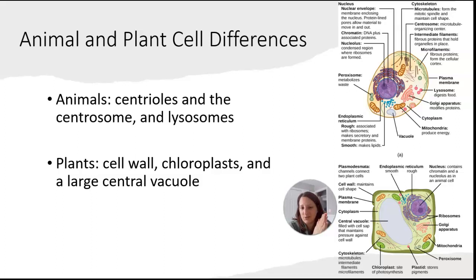And again, I'm going to introduce you to them, and then when we talk about the endomembrane system, we'll talk about them once again. In plants will have a cell wall. Animal cells don't have that structure. Plants also have chloroplasts and a large central vacuole, and both of those things are missing from animal cells. So let's talk about some of those.